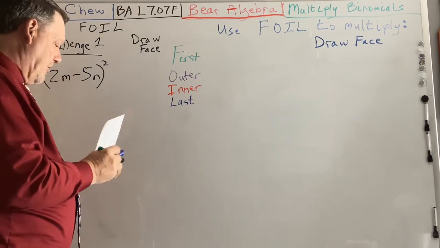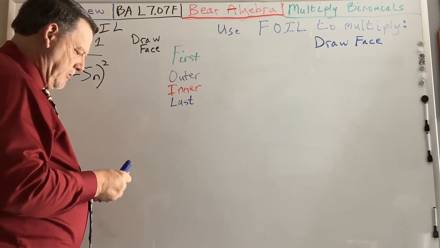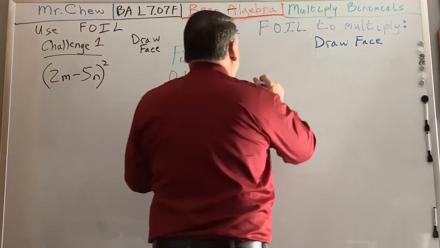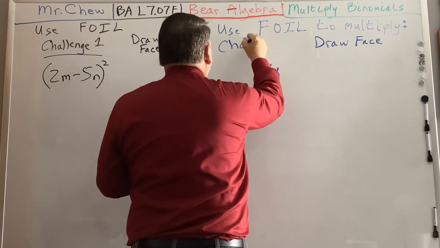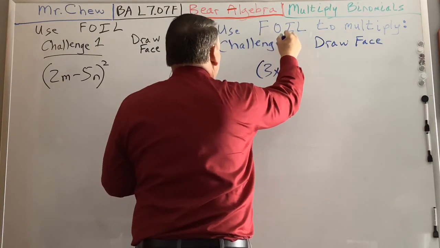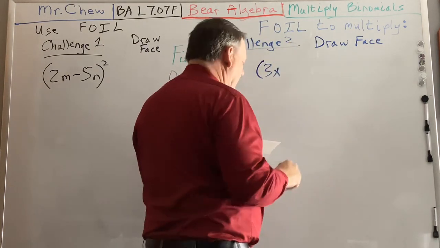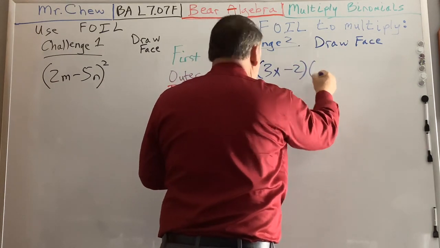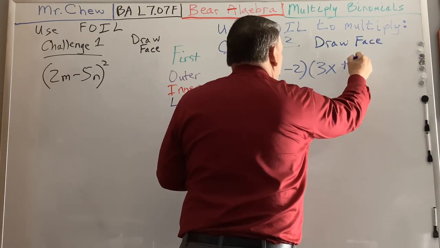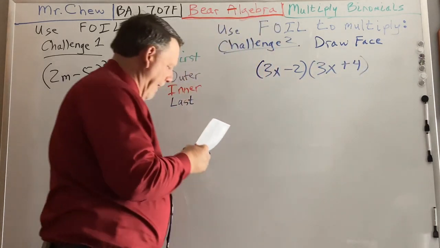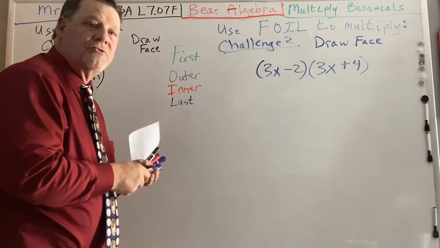And then challenge 2 is 3x minus 2 times 3x plus 4. All right, so try those two.